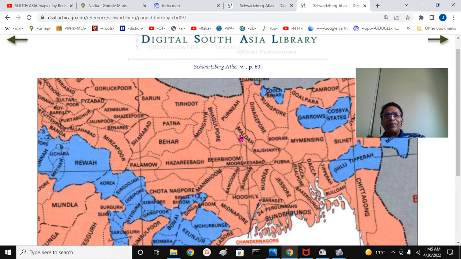This is the Ganga River, Malda district, across the Ganga to the north Rajshahi, Pabna, and Faridpur, Dhaka, and Tippera, that is nothing but now Comilla district, and Chittagong, and so on, Sundarbans, Parganas, and Bardhaman district, Nadia district, Murshidabad here, and Midnapore and Hooghly and Howrah, and all those areas.